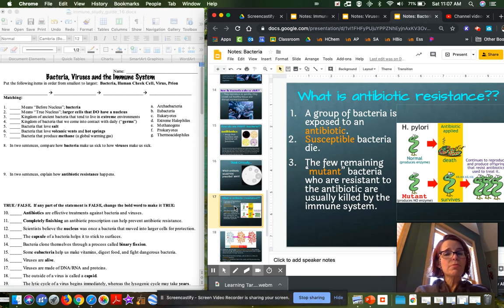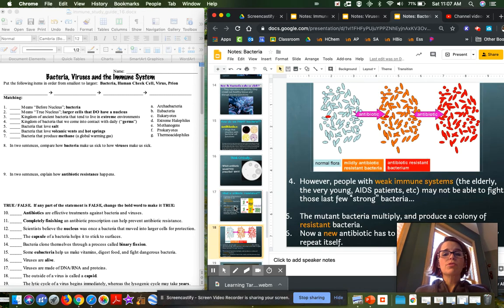However, some people's immune systems are weak, and so those strong bacteria might not get killed by the immune system, and then they go on to reproduce. And that's a resistant strain of bacteria, an antibiotic resistant strain, and that antibiotic doesn't work on that strain of bacteria anymore.